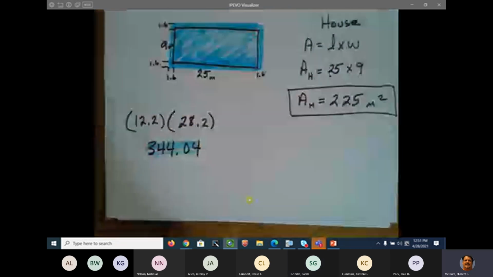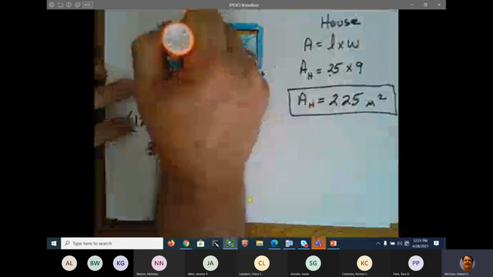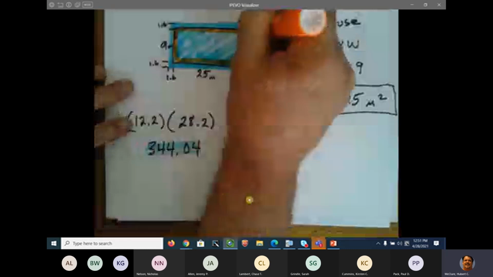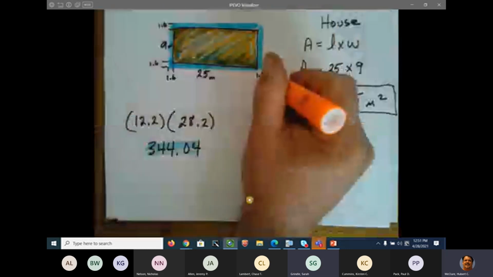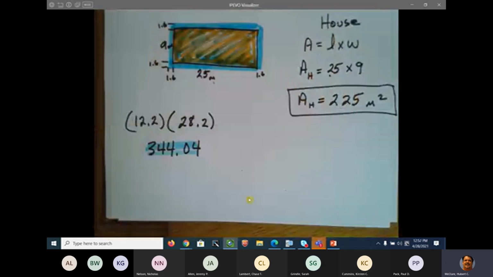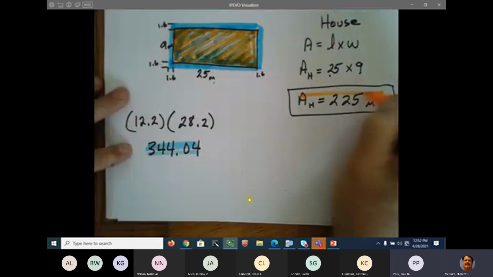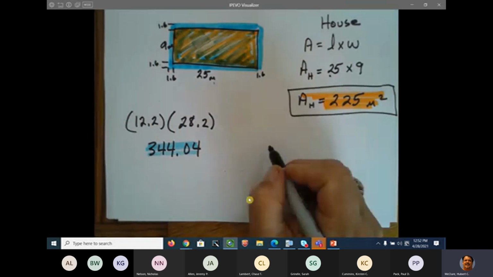Now, what if I want to find just the area of the walkway? You can find it two ways. One is you can do 1.6 times this distance, 1.6 times this distance, and do that. Or you can take the blue area and subtract the what? The house. Thank you, Miss Grindle.